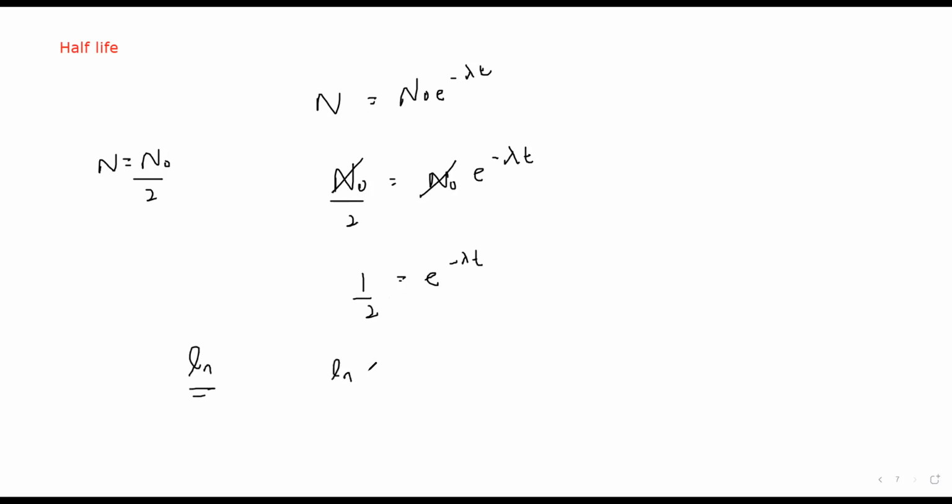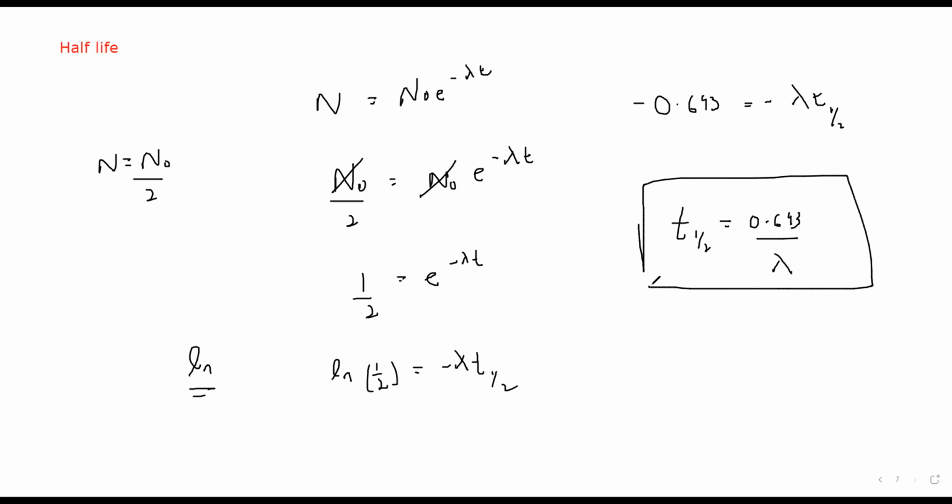So it will be ln 1 by 2 or ln 0.5, and ln will cancel with e, so it will be minus lambda t. When I take the value of ln 0.5, it comes out as negative 0.693, and that equals minus lambda t. But this t is not the normal t. This is the half-life, the time taken by half of the radioactive atoms to disintegrate. So when I solve this, the half-life is equal to 0.693 divided by lambda.